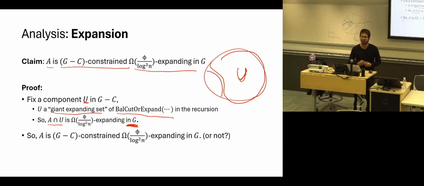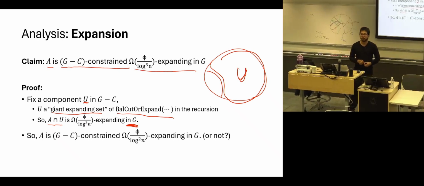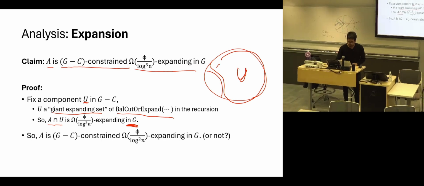Because our guarantee across all of the components only applies for one call to the sparse cut subroutine, and we have up to log n, so we don't necessarily know that it routes nicely. The guarantee of balanced cut or expand is a guarantee for one component here, not for every component simultaneously.